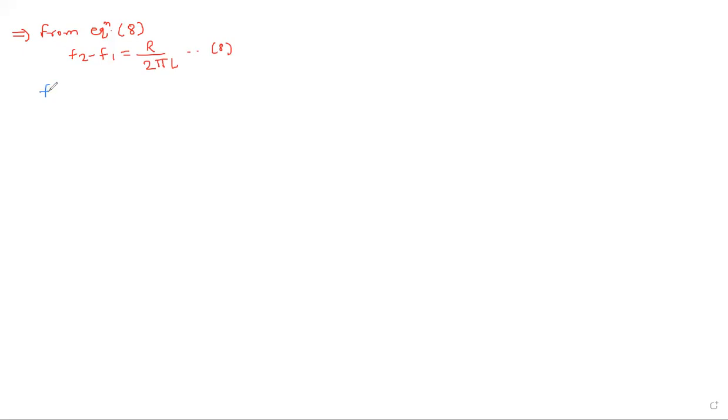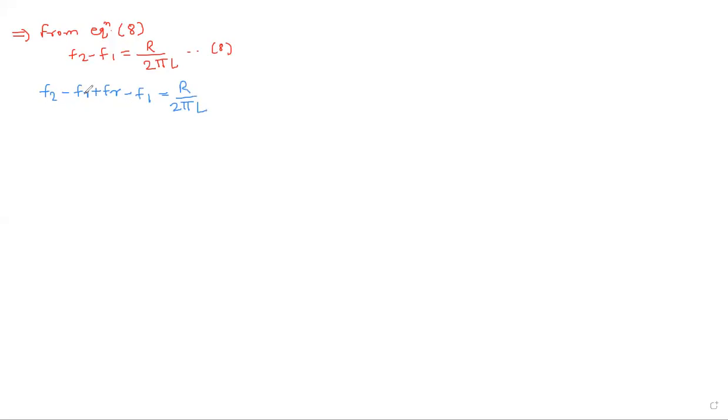F2 I will keep as it is, minus fR plus fR. So what is this? Minus fR plus fR means both will cancel and become 0, right? Yes, sir. Okay, that is why I wrote it like this: minus fR plus fR. Next, this minus f1 as it is equal to R by 2 pi L.